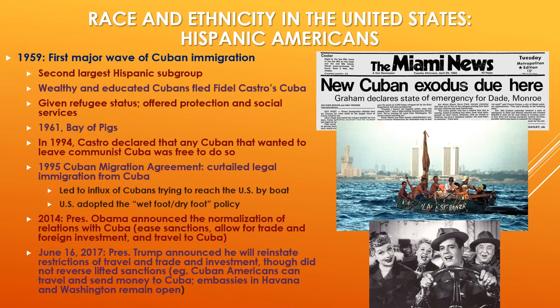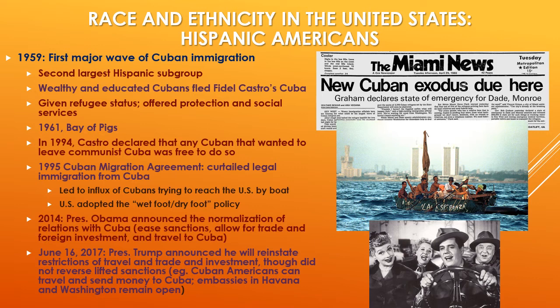A huge influx of Cuban refugees came by boat to the U.S., and the U.S. government instituted the wet foot, dry foot policy, which meant that if Cuban refugees made it to American soil, they could stay in the U.S., but if the Coast Guard or U.S. authorities apprehended their boat before hitting land, they would be sent back to Cuba.